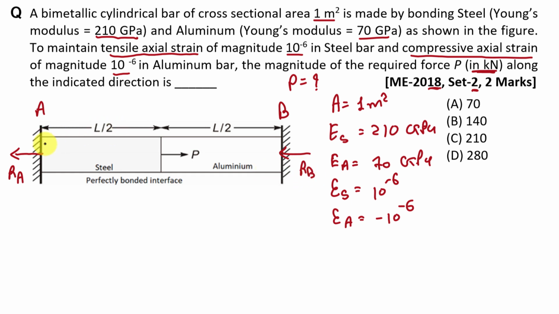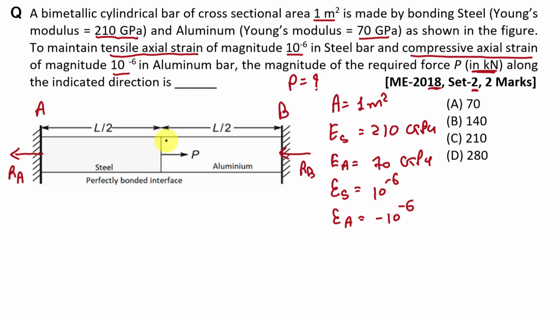Now see, you can take these directions of reaction in any direction. You can also take this reaction in this direction. If you take this direction, then finally you will get RA equal to negative value. Means you have taken opposite direction. So finally you have to take opposite direction, right? But right now we are taking this direction in left direction.